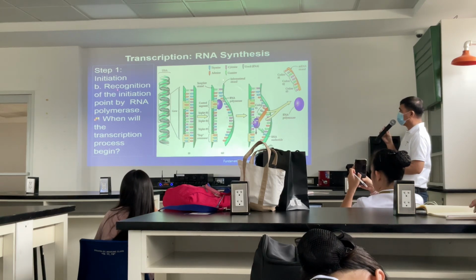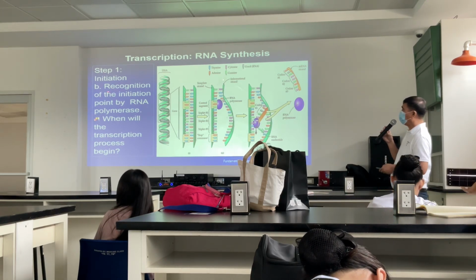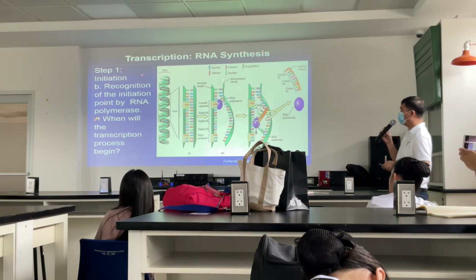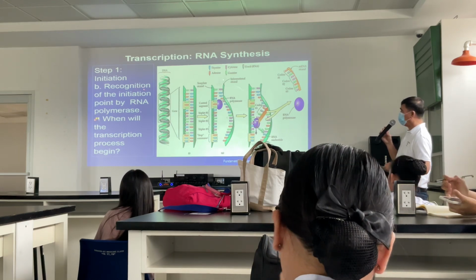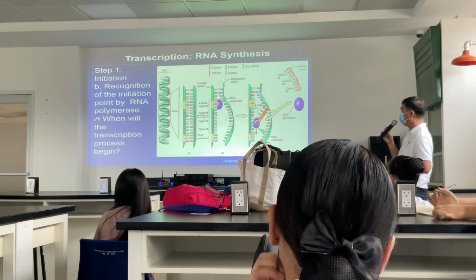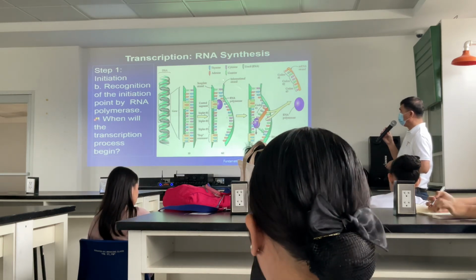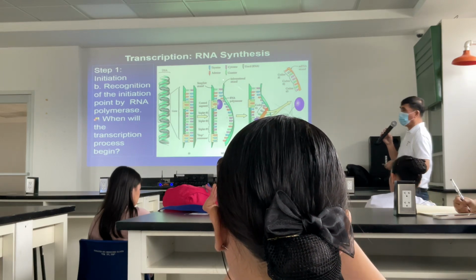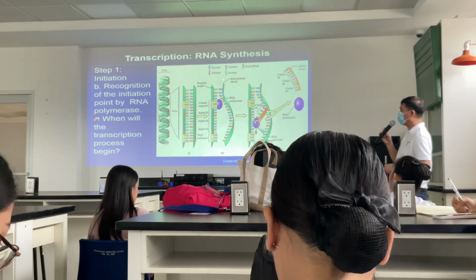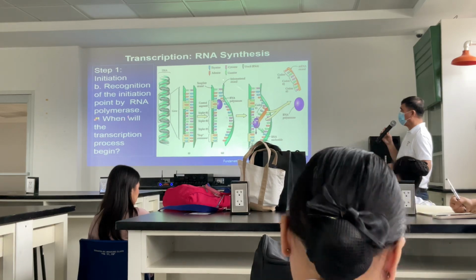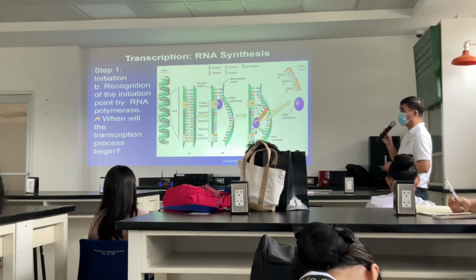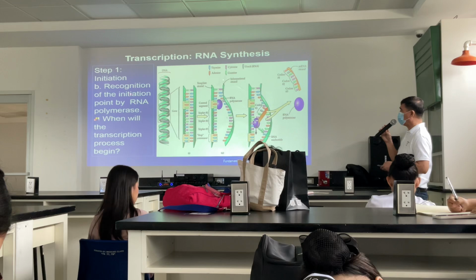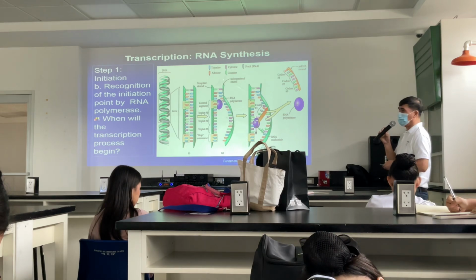So next, when the RNA synthesis starts, first it is important that the RNA polymerase is able to recognize the initiation point. So when will the transcription process begin? When RNA polymerase is able to recognize the initiation point.